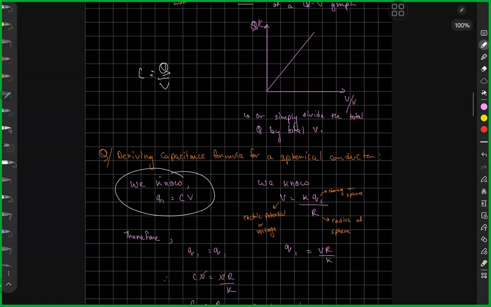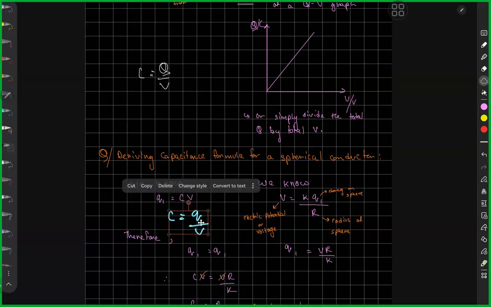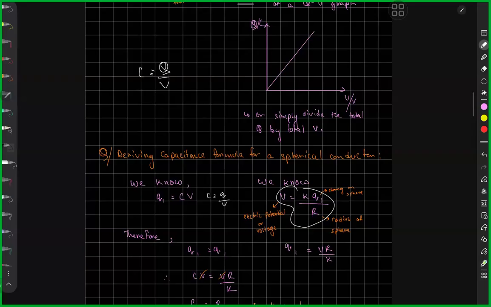One of the formulas we are familiar with is Q equals CV, so C equals Q by V. This you know. The other formula that I want you to recall is V equals KQ1 by radius.